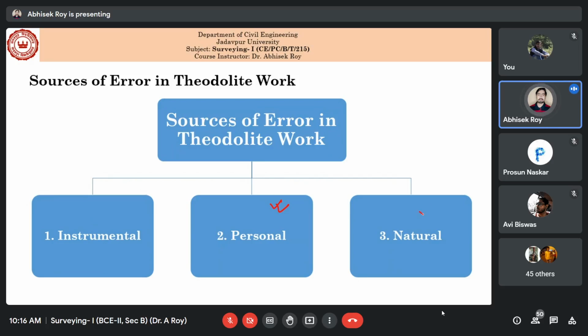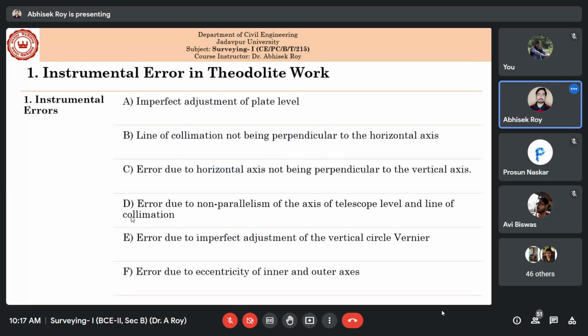And then there is natural error, which is also very hard to remove. The instrumental error you can remove by taking different types of measurements, meaning more number of measurements. By taking more measurements, you can minimize this kind of error. So what are the types of instrumental error?